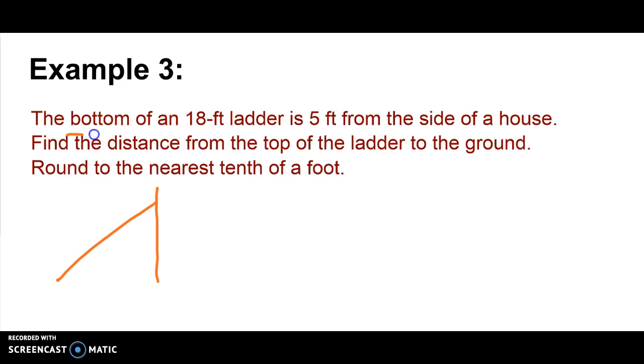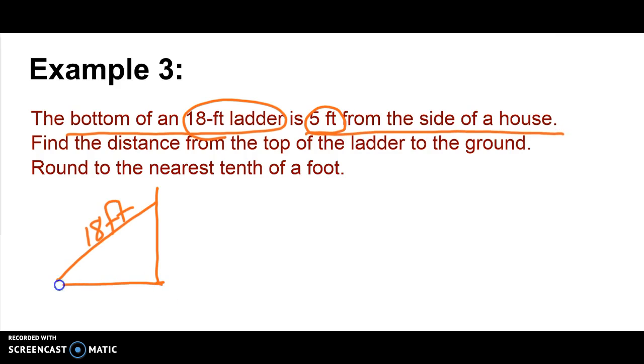It says the bottom of an 18-foot ladder. So that tells me how big my ladder is. So that's 18 feet. Is 5 feet from the side of the house. So if this is the side of the house, it's going to be 5 feet from there. Find the distance from the top of the ladder to the ground. So this is the top of the ladder to the ground.